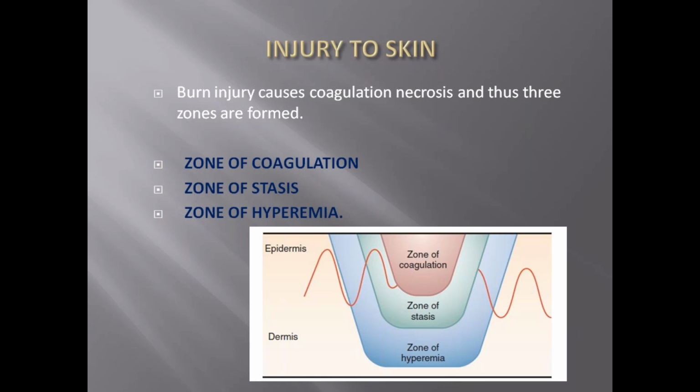In the zone of stasis, there will be release of inflammatory mediators and vascular damage which leads to vasoconstriction, and this zone of stasis should be noticed so that it will not progress to zone of coagulation. In the zone of hyperemia, there will be increased inflammation and vasodilation, so that more vascularity will be coming.